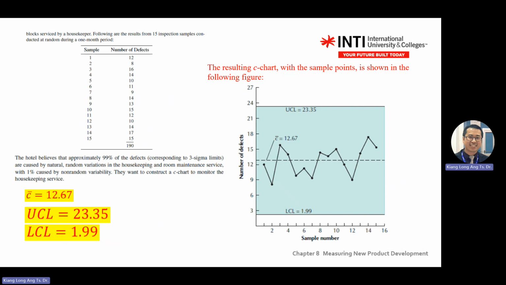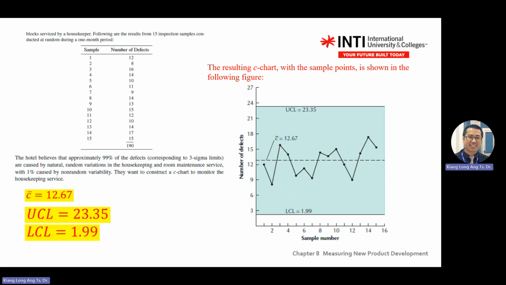And why? Look at this chart, this table. If you are the worker: hey, boss, I give you the data to see. So is it in control or not in control? In control, why?